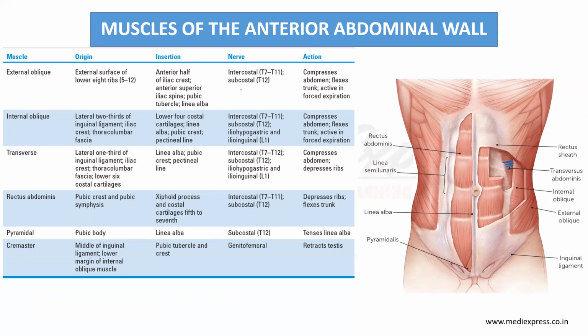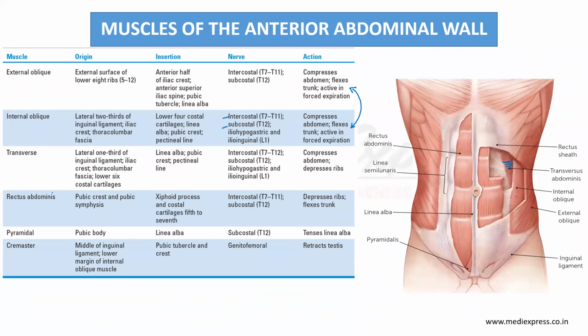Now, internal oblique, again, the first two nerve innervations are the same. Apart from that, the iliohypogastric and ilioinguinal nerves are also involved. Okay, and again, it compresses the abdomen, flexes the trunk, and is active in forced expiration. So, external oblique and internal oblique will have the same action.